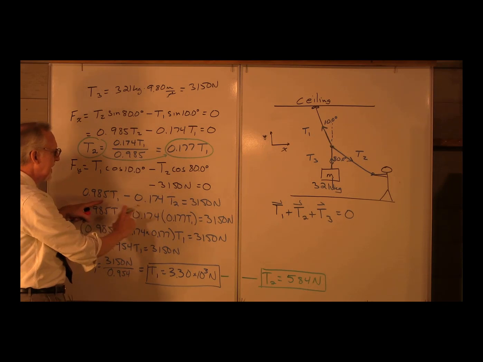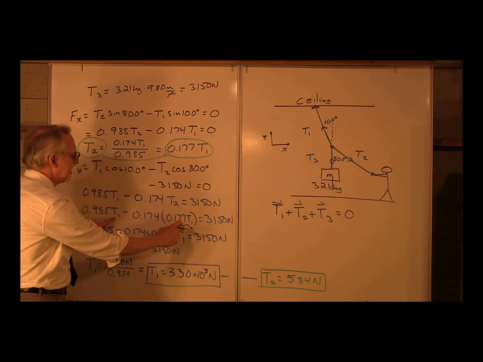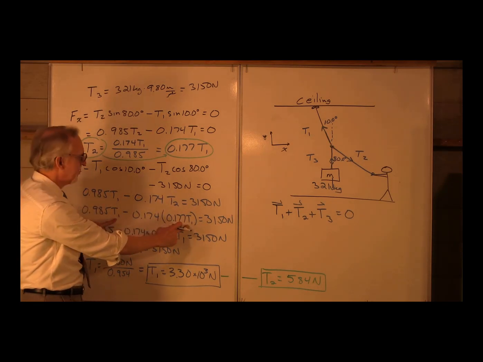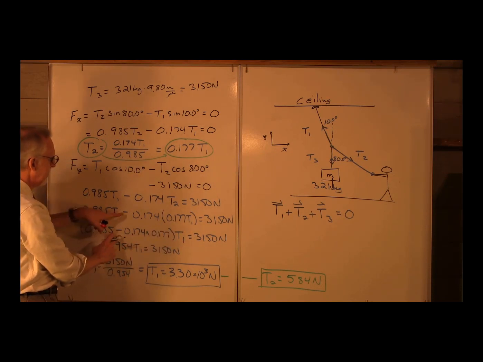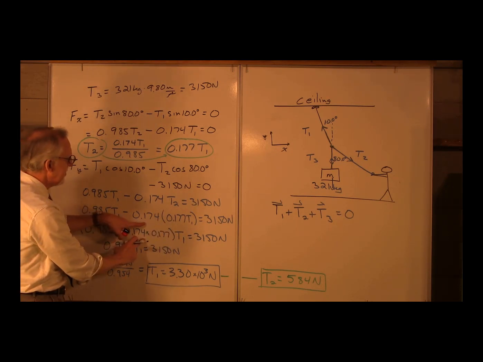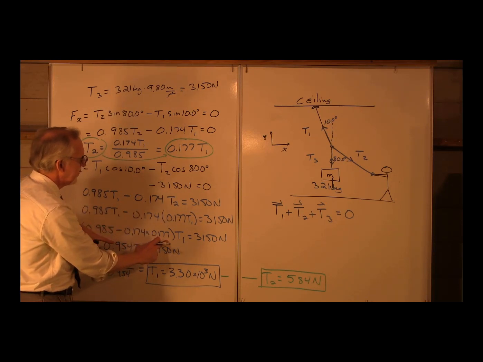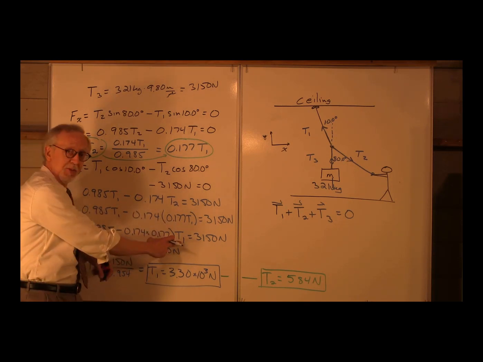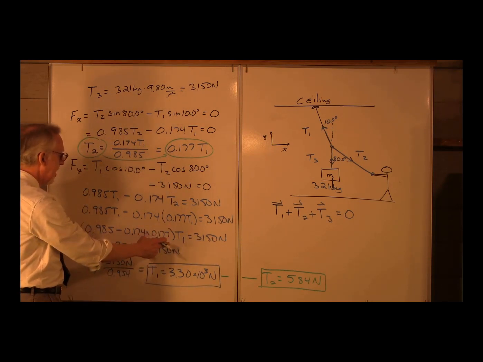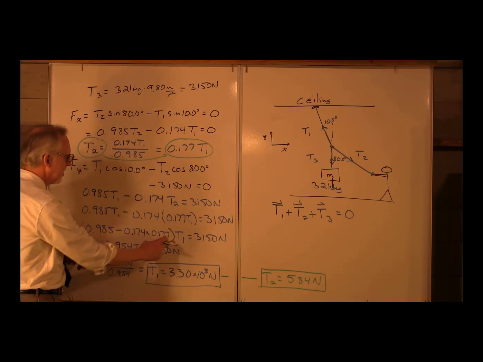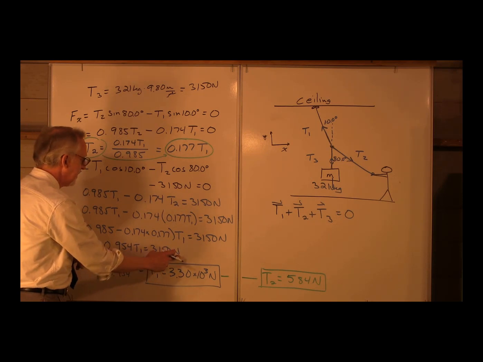Now, multiplying this out, we've got a T1 and a T1, so I can factor T1 out. That is 0.985 minus 0.174 times 0.177, all of that times T1 equals 3150. Multiplying this all out, we get 0.954 times T1 is 3150 newtons.